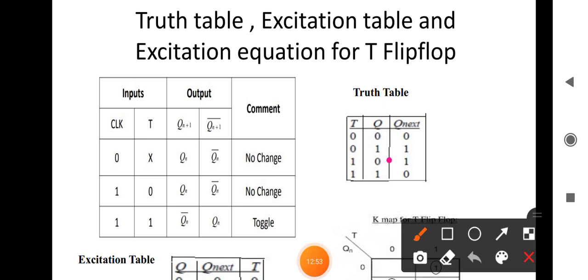So if it is 0, then Q1 next is equal to 1 here. I hope you understood. So if T is equal to 0 and it is equal to 1 here, then if T is equal to 1 here, this will be equal to 0 here.